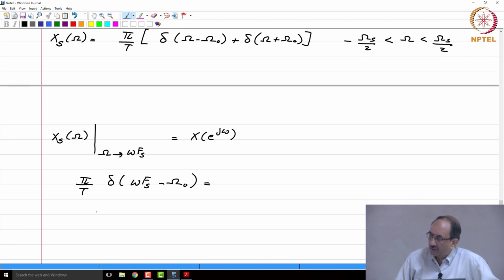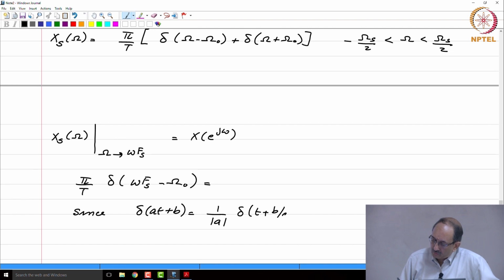We also know that delta of A t plus b is 1 over mod A delta of t plus b by A. So, now let us apply this formula to this previous term.